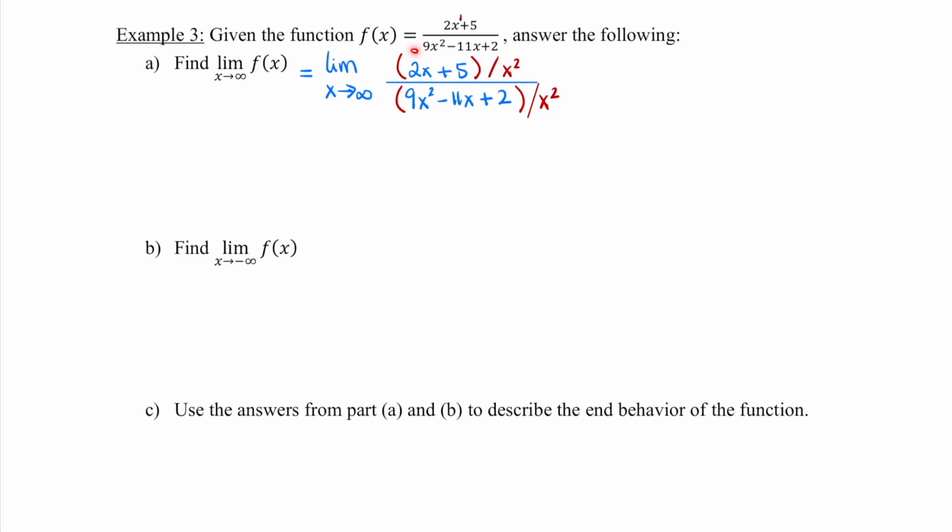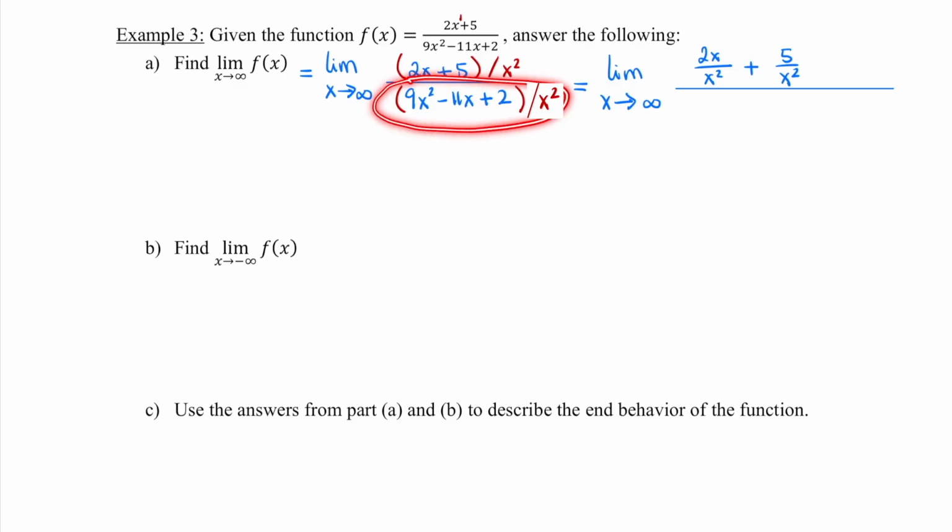In the numerator, we'll have 2x over x squared plus 5 over x squared. In the denominator, we'll have 9x squared over x squared minus 11x over x squared plus 2 over x squared.